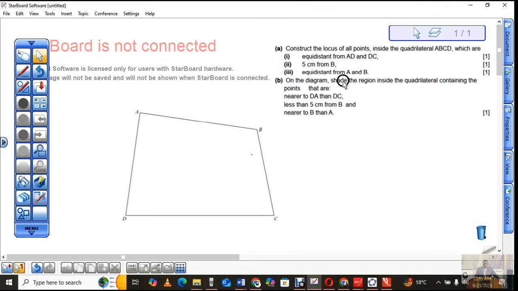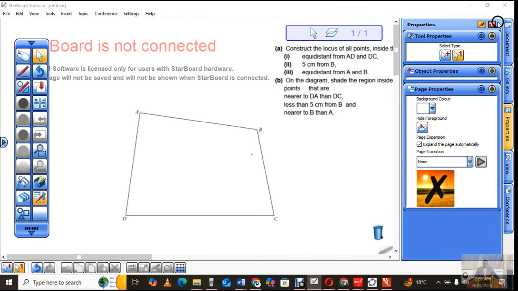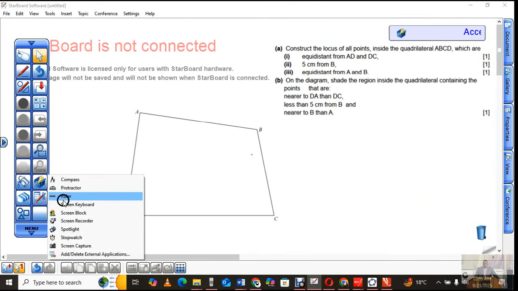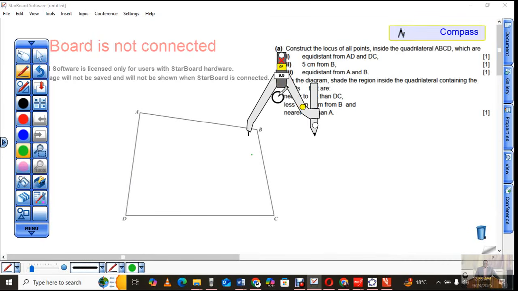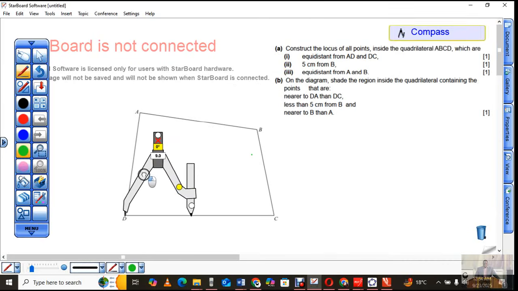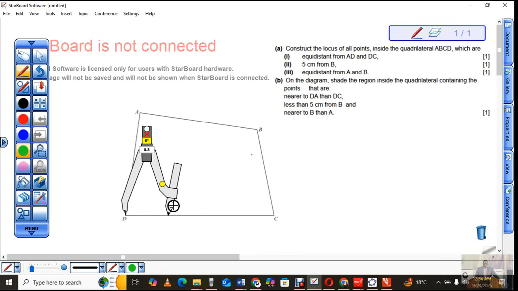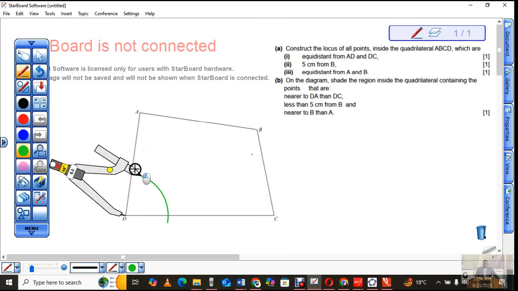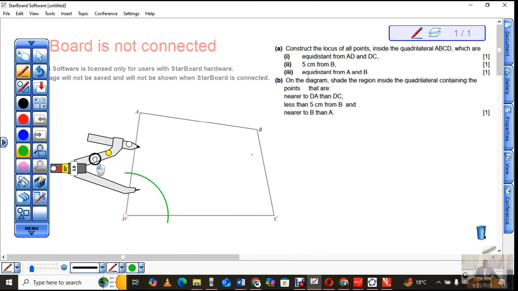The moment it's written like this, AD and DC, it means you have to cut angle D in half. So we are going to go to my toolbox, grab the compass, and do that.